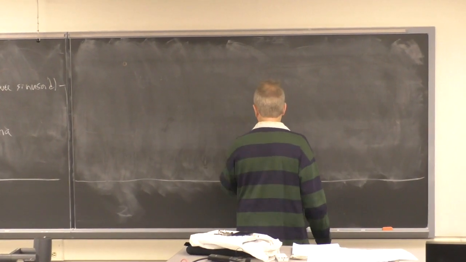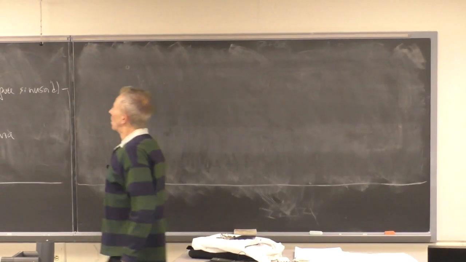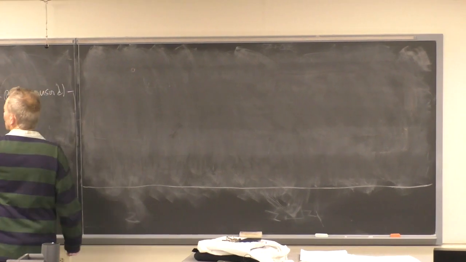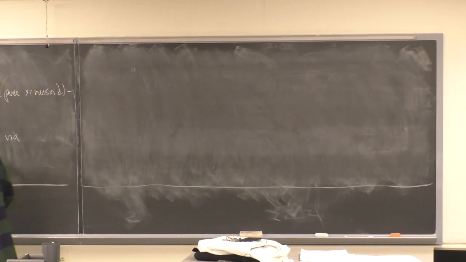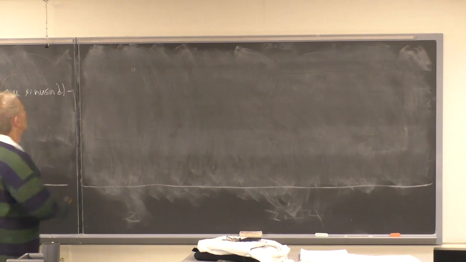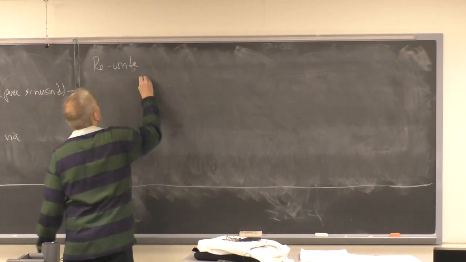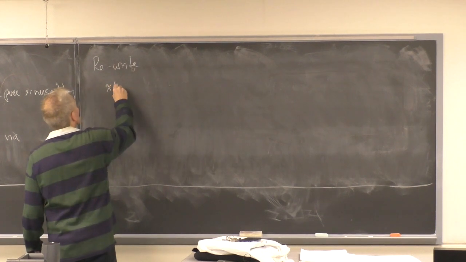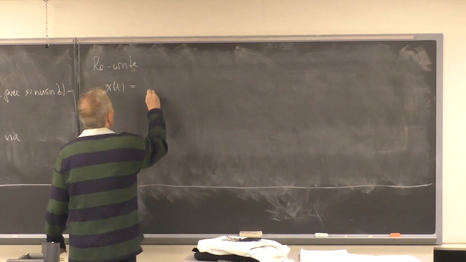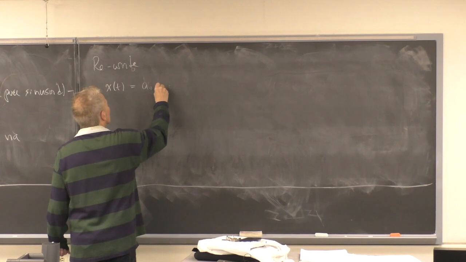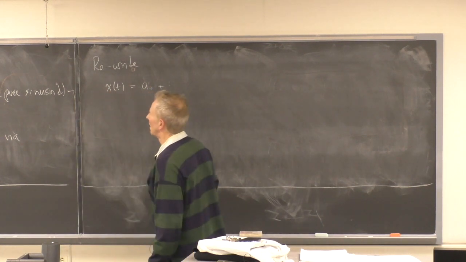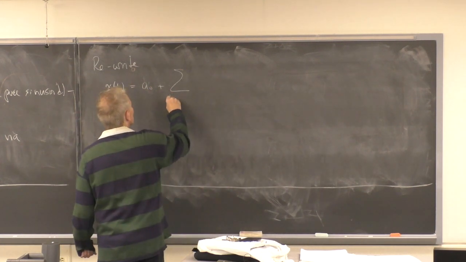So how do we do this? What we do is we take x of t and we use Euler's formulas to write each of the terms as follows. So we rewrite x of t as a0 plus, and for each term, I'm going to separate it into two pieces.